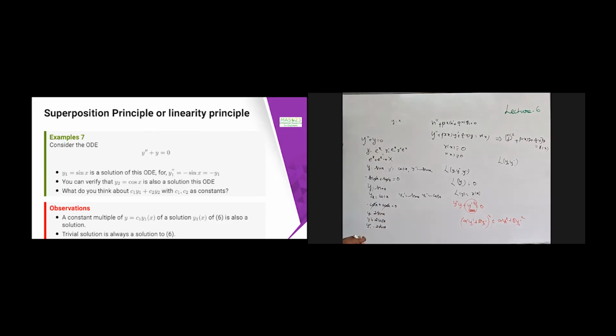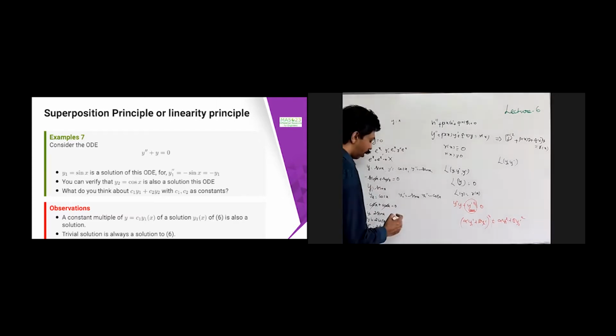Similarly, you can take y2 equal to 3 cos x, and the same thing happens. Now if I take both together, y equal to 2 cos x plus 3 sin x, or 3 cos x plus 2 sin x, some combination, again you check whether it satisfies.